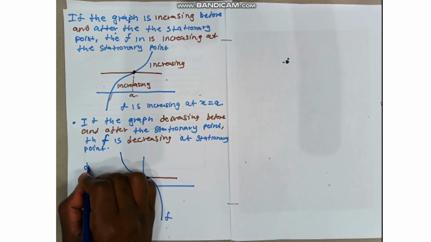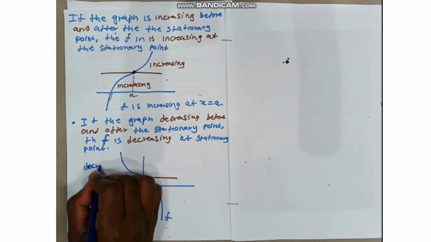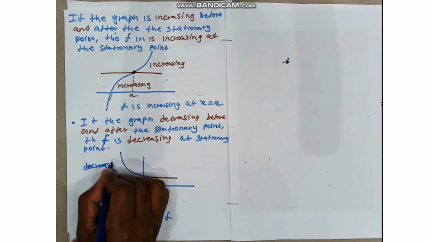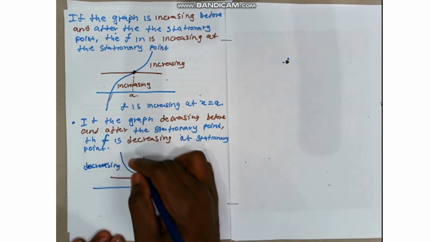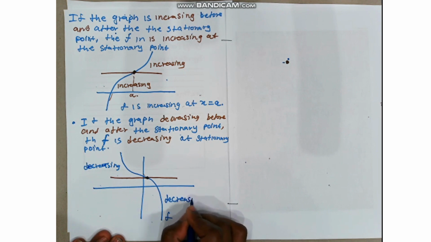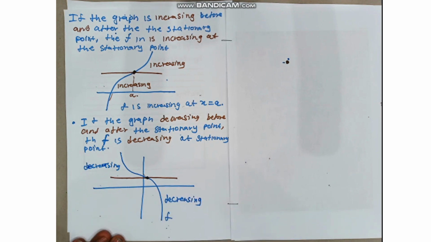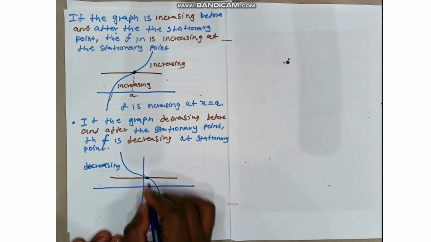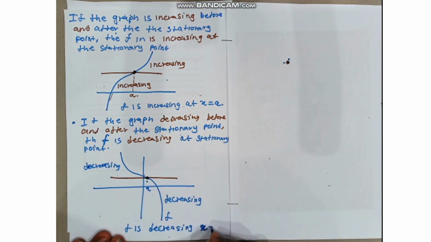So here decreasing from here going down, also after from here it's also decreasing. So our f is decreasing at, call it a, at x is equal to a.